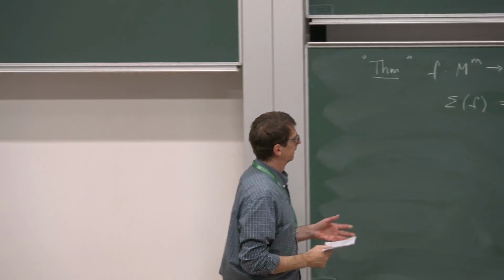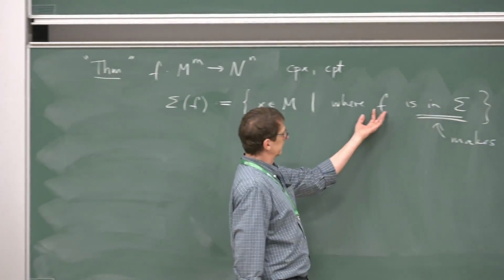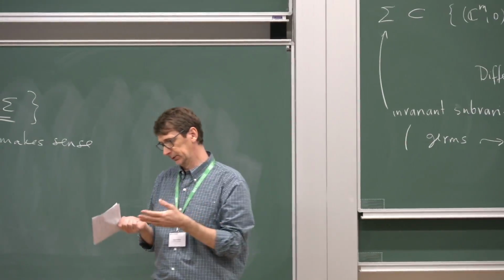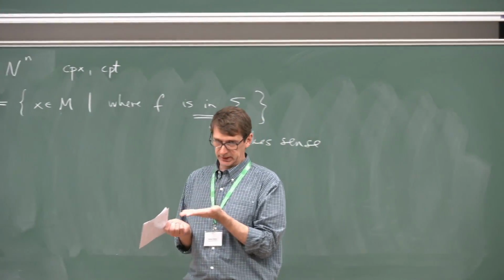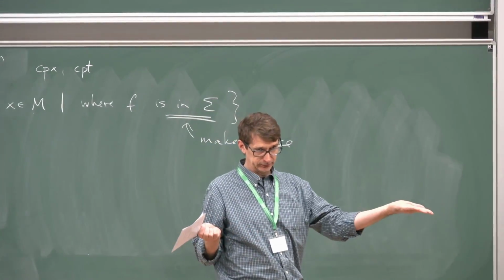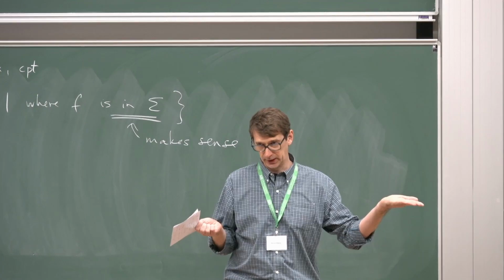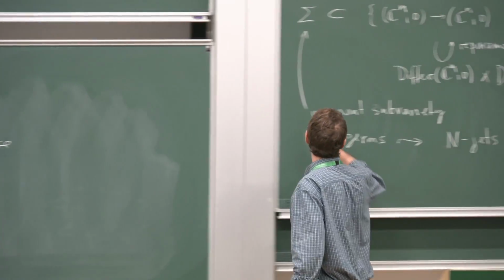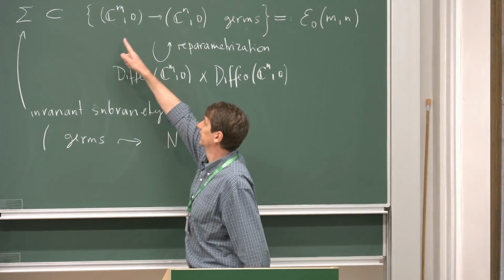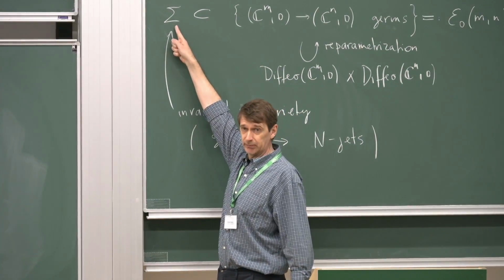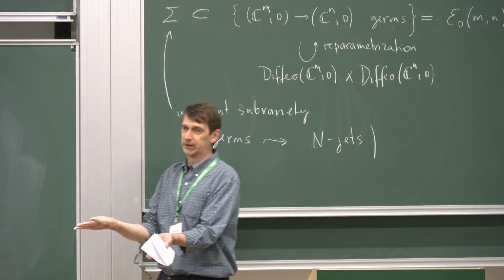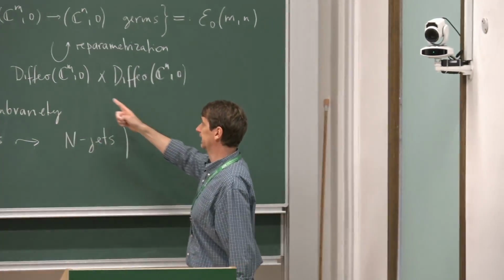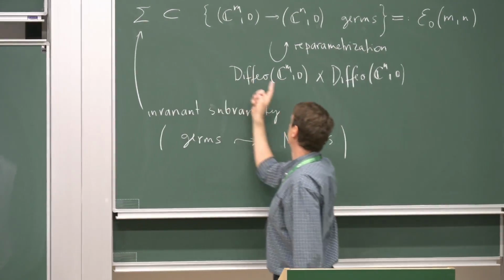So what does it mean? If I want to look at the local property of the holomorphic map at a point, I need to choose coordinates in the source, I need to choose coordinates in the target. And if those are chosen, you can check whether this particular map at that point belongs to sigma or not. But maybe somebody else chooses different coordinate systems. The claim is that this yes or no answer doesn't depend on it because my variety was invariant under this group.